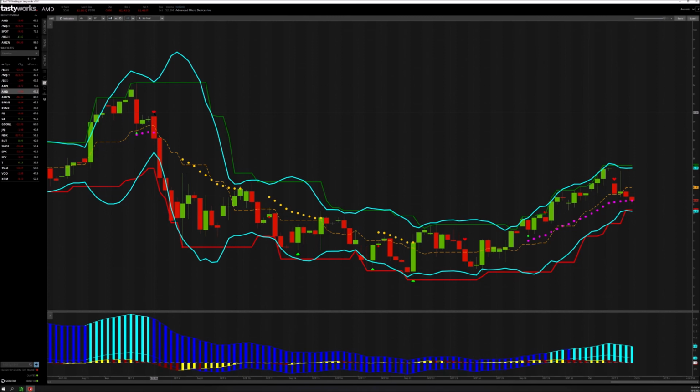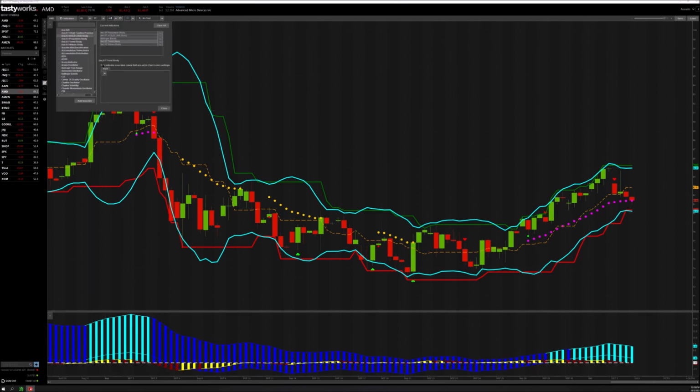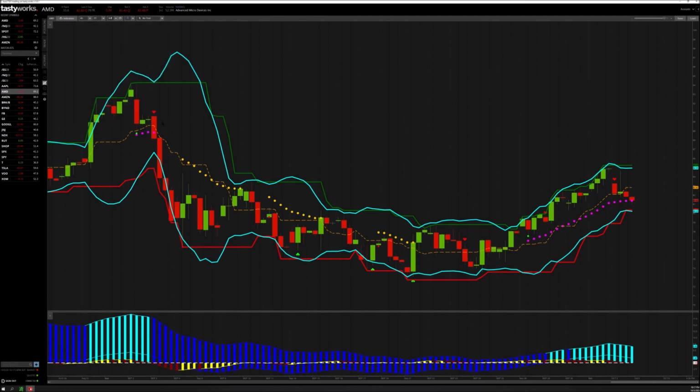The Tastyworks indicator is okay, but it's not 100% because you can't change the settings on it. I could go to properties, but you can only change a few things, so it's not very customizable. You see your buy dots and sell dots. On the left side it tells you that you got a sell signal, which is this here, and the purple line would be your buy stop loss. If you went long here, the purple line would have been your stop loss.